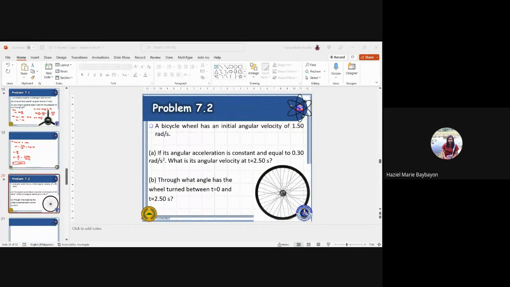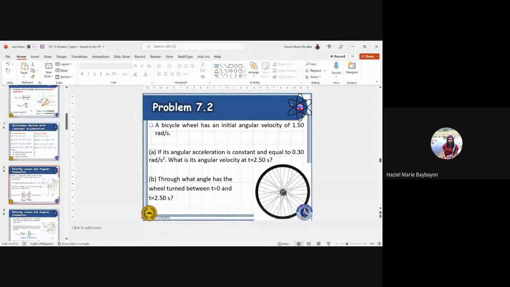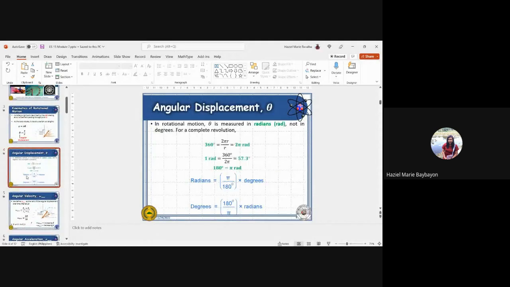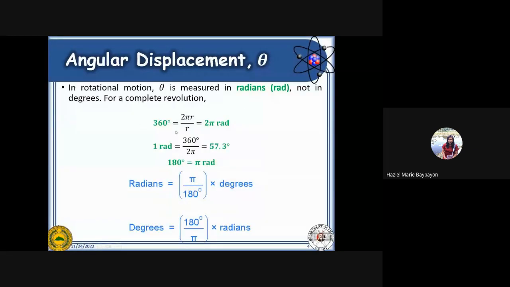Here. Let's look for it in the slide. This one. So you can use any of these conversion factors. Okay, so you can use 360 degrees equals 2 pi radians. Or you can also use 1 radian equals 57.3 degrees.